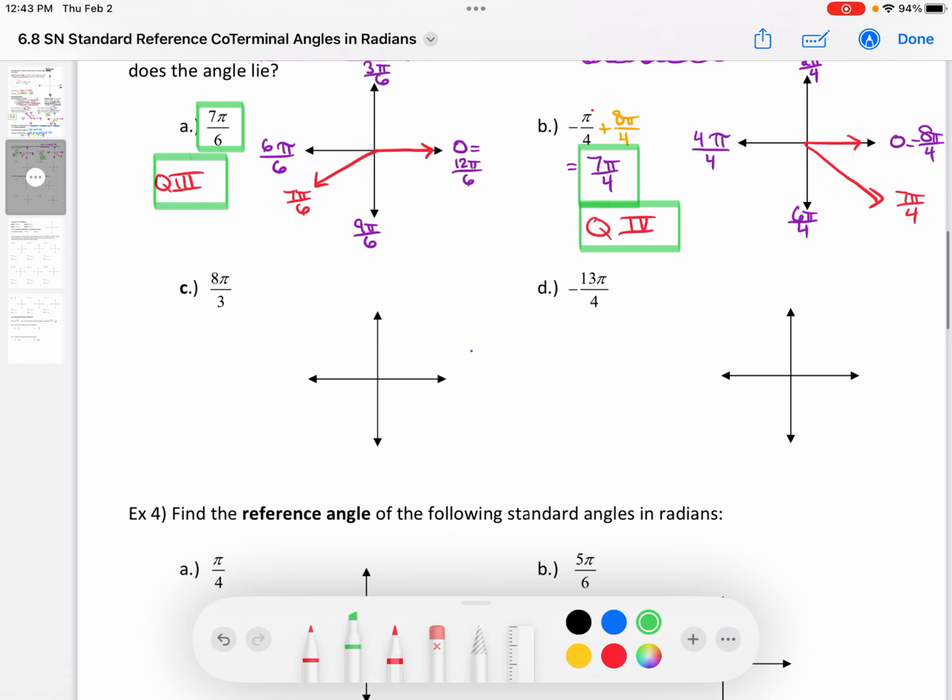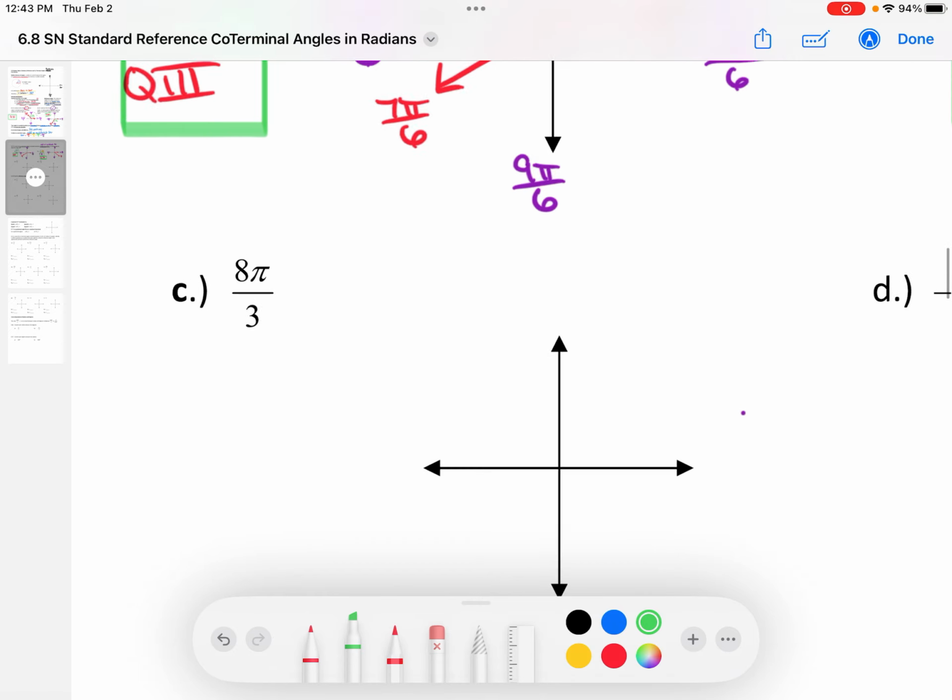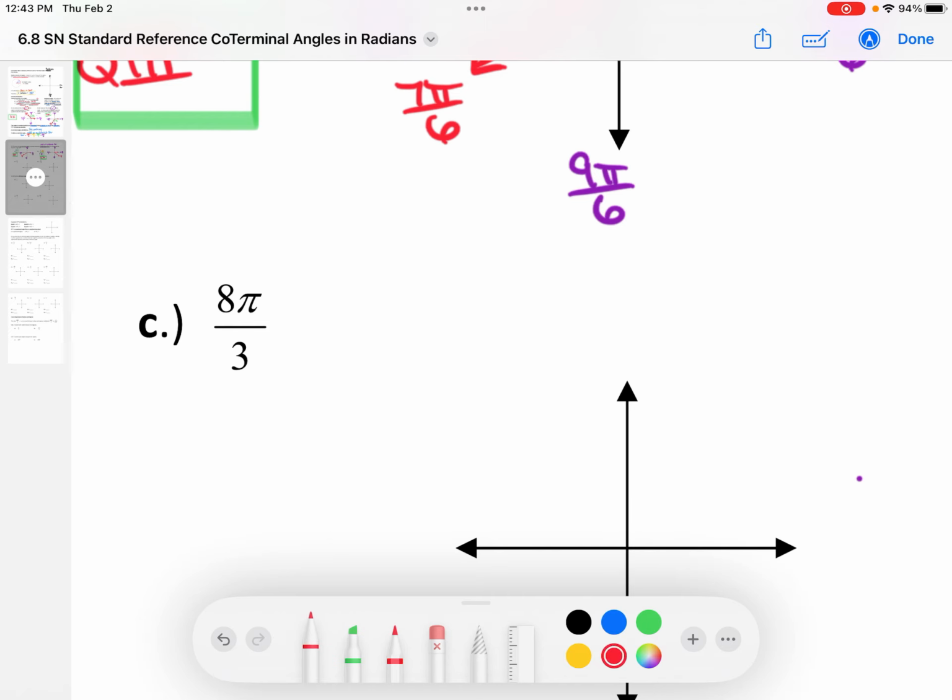Now, let's look at C. 8 pi over 3. Looking at that 8 over 3 fraction, it is bigger than 2. 6 over 3 would be equal to 2, so 8 over 3 is bigger than that. So the first thing we want to do is get that into the range between 0 and 2 pi. We want to subtract 2 pi.